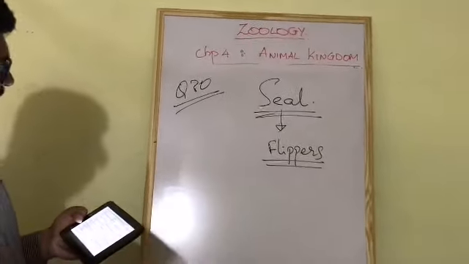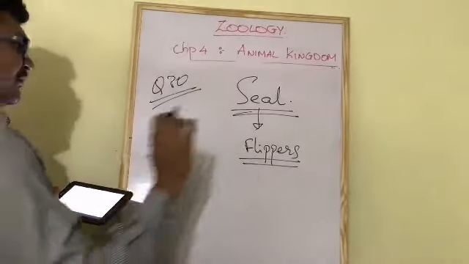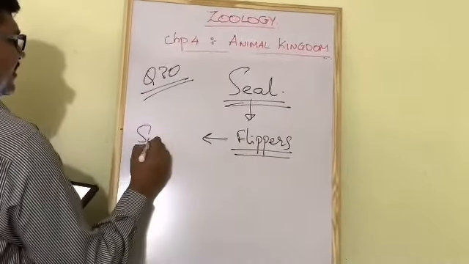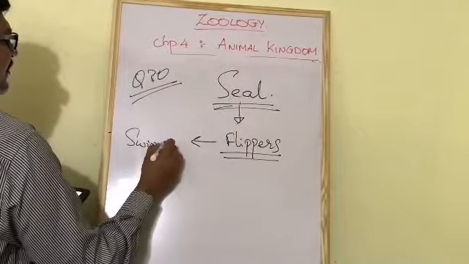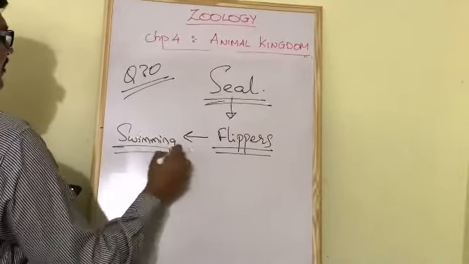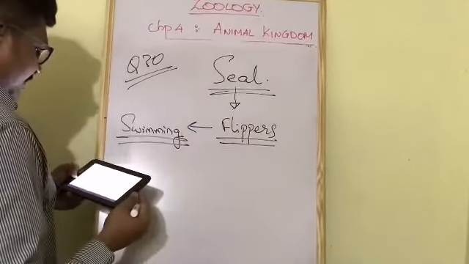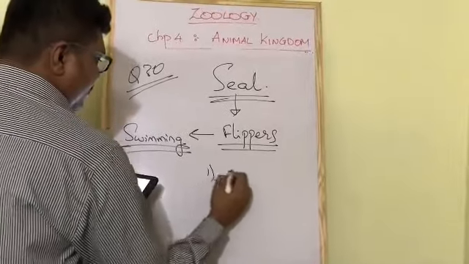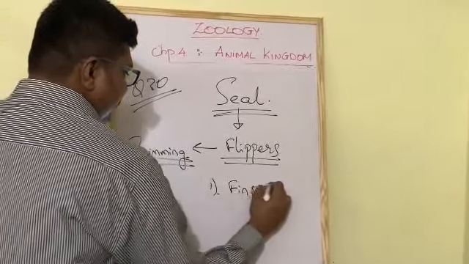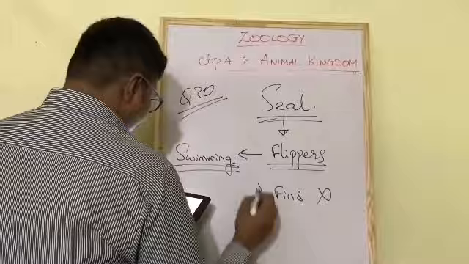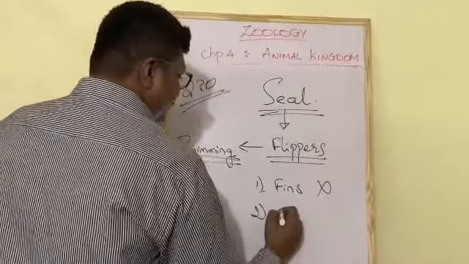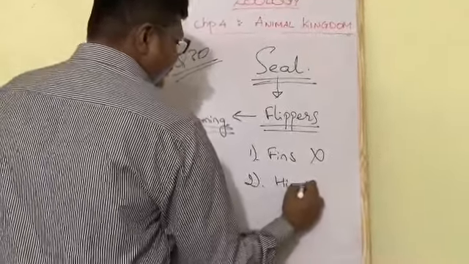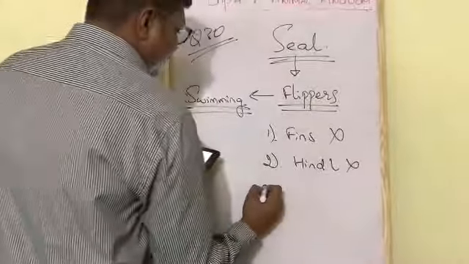So what are these flippers? Now the flippers are used for swimming. That's the function of the flippers. But what is the flipper made up of? So first option, fins. Incorrect. Second, hind limb, which again is incorrect.